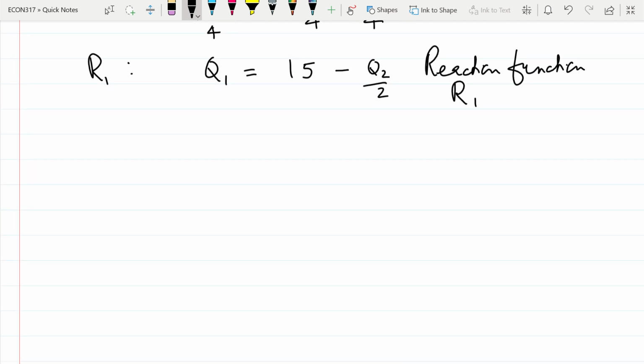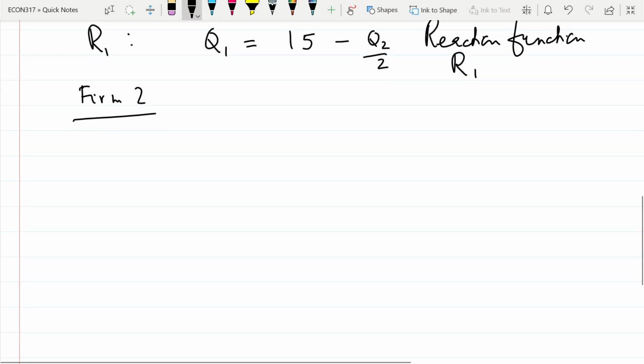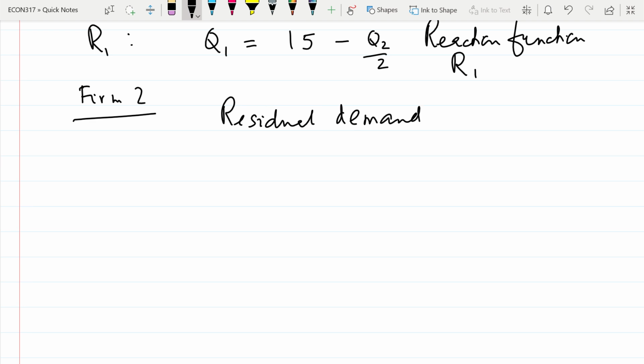Now, when we look at the profit maximization for firm 2, it also has the same belief. It has no control over the quantity choice made by firm 1. So it will take the quantity of firm 1 as given and look at the residual demand. So let me write down the residual demand for firm 2.